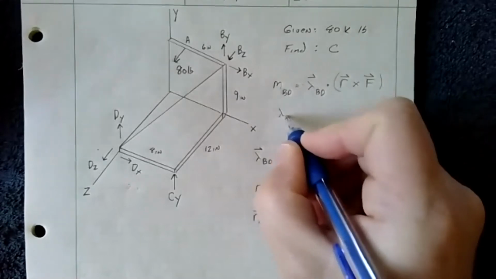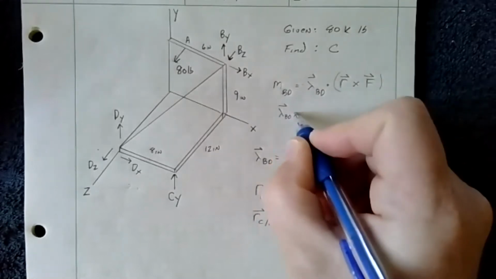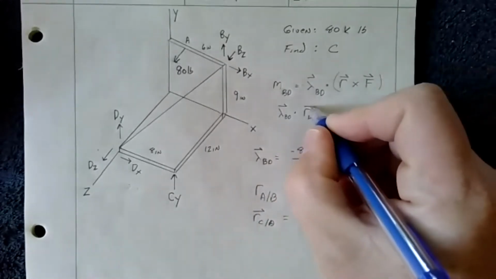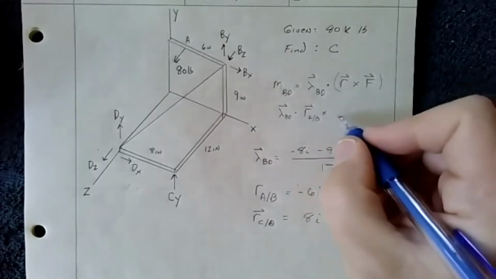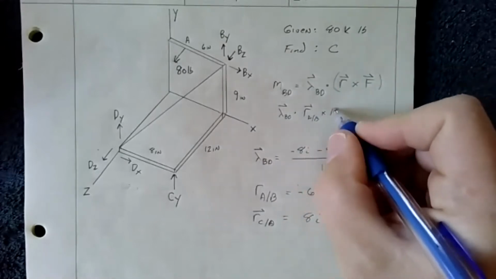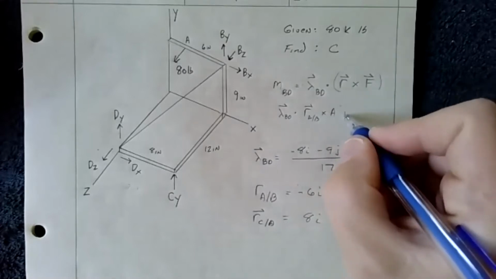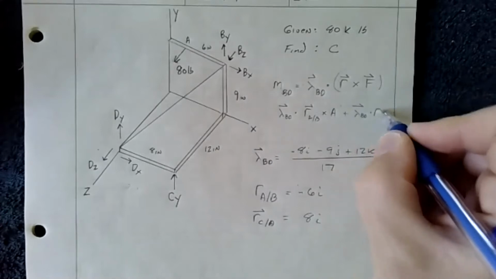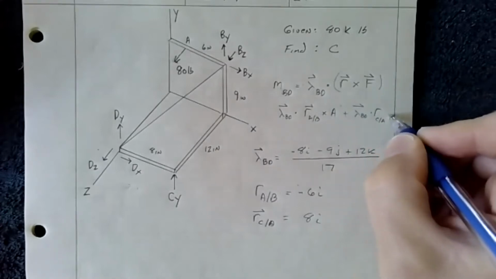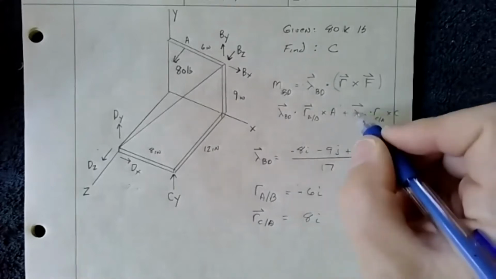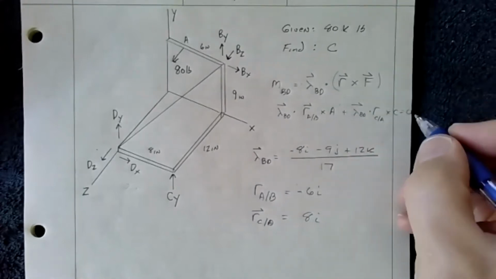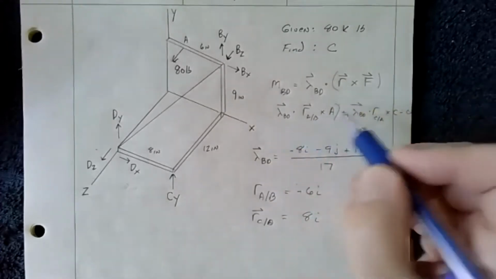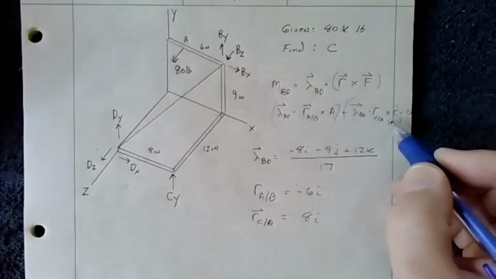So we're going to say lambda BD dot R, in this case A relative to B, crossed with the force at A, plus lambda BD dotted with R C relative to D, crossed with C. And that equals 0. So this whole thing plus this whole thing equals 0.